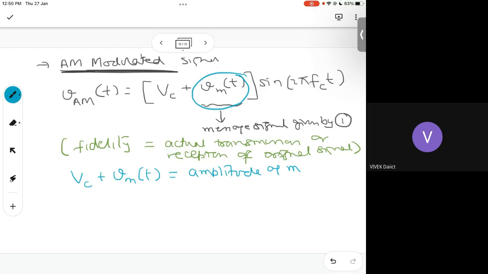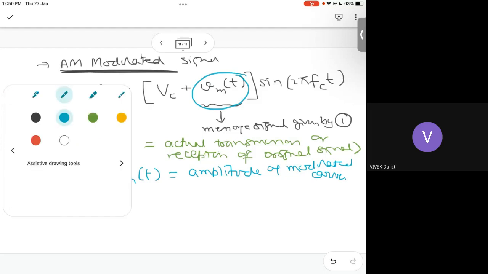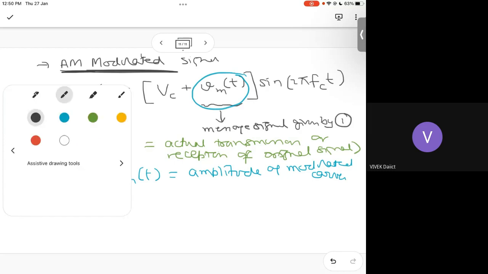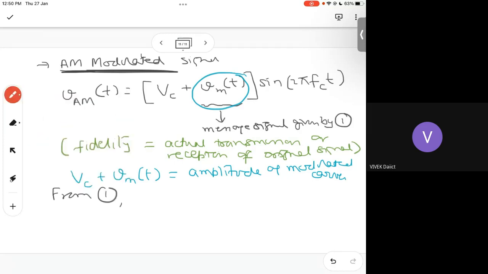Recall that the amplitude of the carrier was simply VC, but now it has got VM(t). So I could write down this thing. Let's take it further. From 1, I could write the mathematical expression. See, it is very simple now.